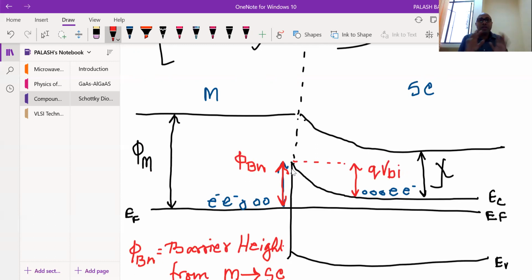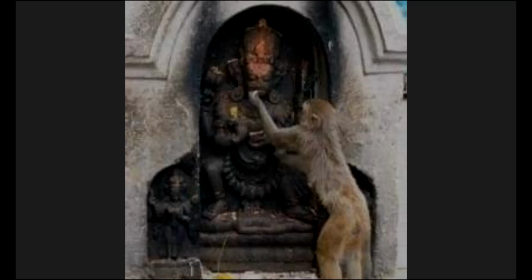So ultimately my electron goes either from metal to semiconductor side or semiconductor to metal side.